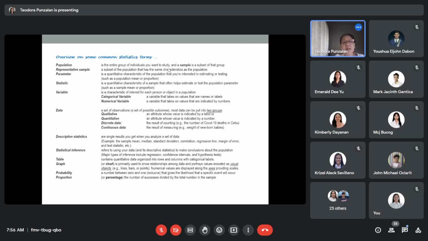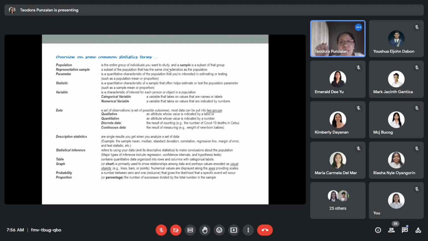And let's go to parameter and statistic. Parameter and statistic should be in pair. Parameter refers to the calculation of a certain value.